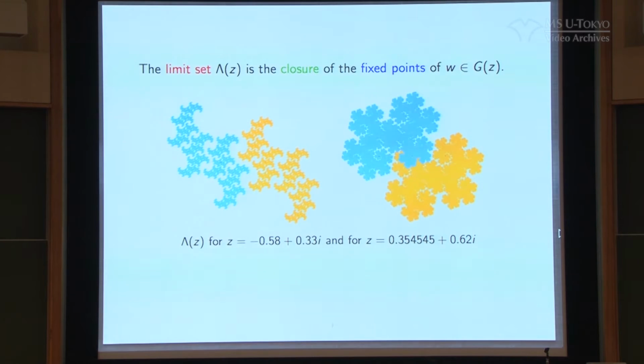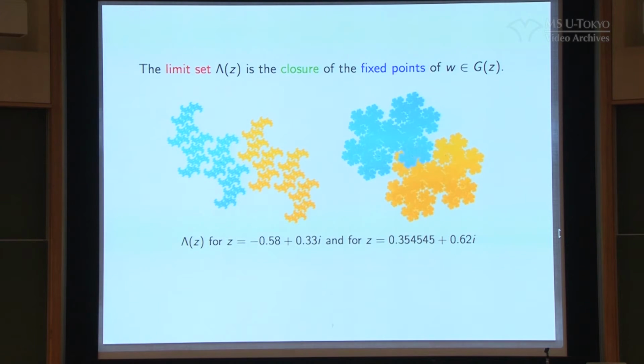Just as you would define a limit set for a Kleinian group as the closure of the set of fixed points of the elements, it's exactly the same here. We've got this collection of contractions, Euclidean similarities of the plane. Each one of them has a center of the similarity, a unique fixed point. You've got this semigroup of countably many elements. All the non-identity elements give you these fixed points.